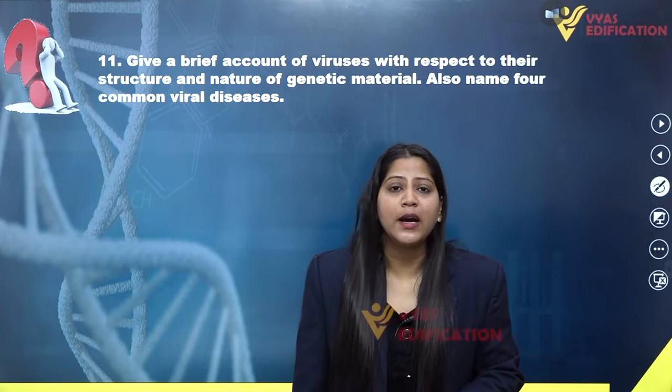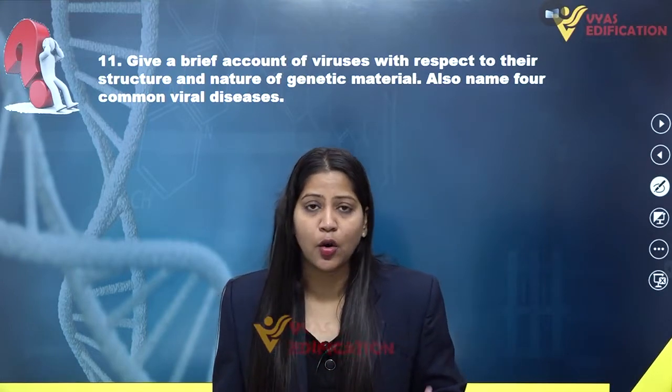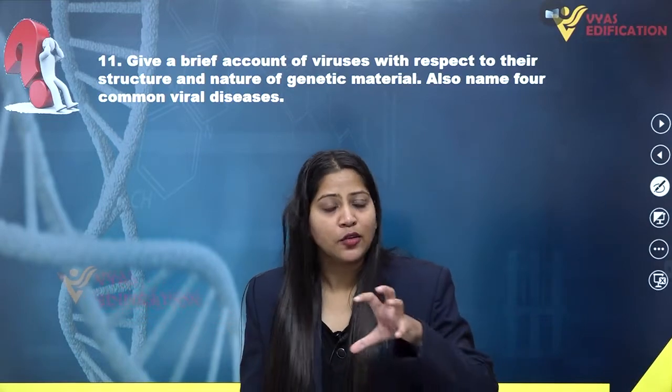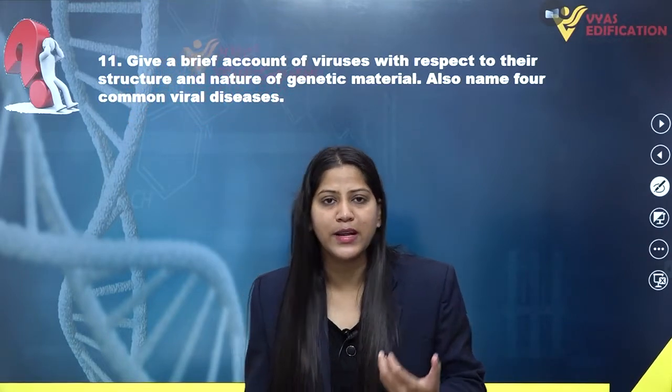This capsid, or proteinaceous coat, is composed of small subunits known as capsomeres. These capsomeres are arranged in a helical manner or polyhedral geometric form. So this is about the structure of viruses. If we talk about the genetic material, viruses can have single-stranded or double-stranded nucleic acids.